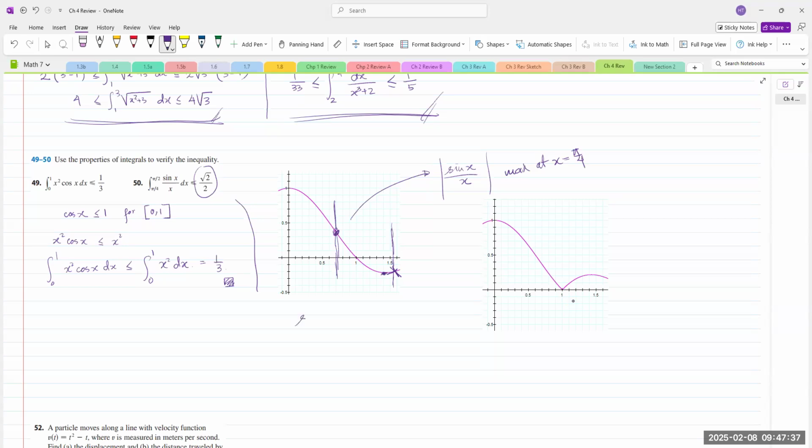Okay, so sine x over x is maximum at that point, and the value of the maximum is less than or equal to sine pi over 4, which is radical 2 over 2 over pi over 4. Now the integral from pi over 4 to pi over 2 of sine x over x is less than or equal to that times the length of the interval.